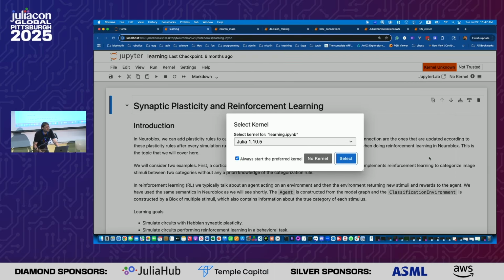Say again? When you say compilation time, that's the model compiling and not Julia? It's the same, right? There are two parts of it. One thing that you have to understand is that Julia is a just-in-time compiled language. So when I use the notebook, I build something, then it builds a structure.